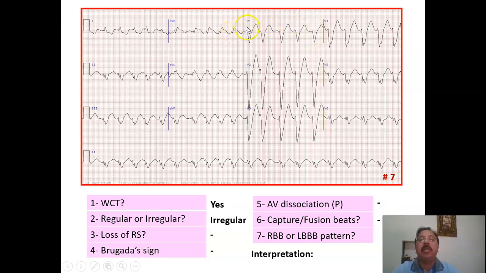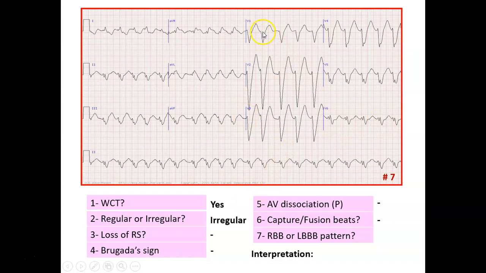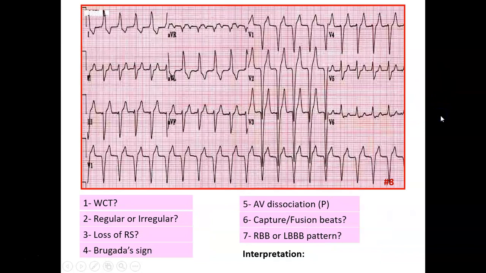Here it looks like a negative S wave, negative QRS complexes in V1. So this is an irregular wide complex tachycardia with left bundle branch block pattern. This may be atrial fibrillation with left bundle branch block.